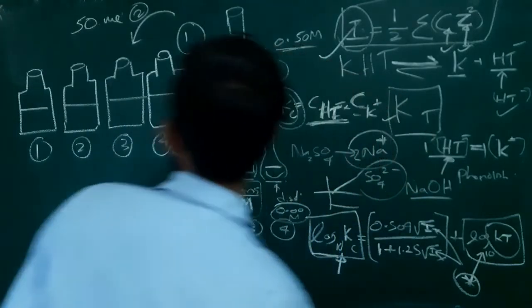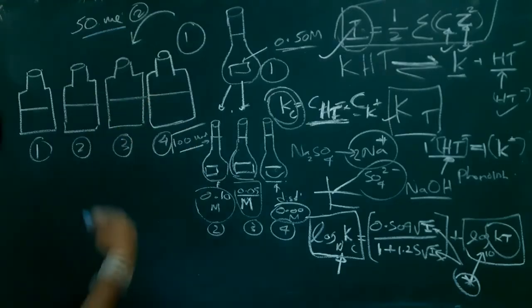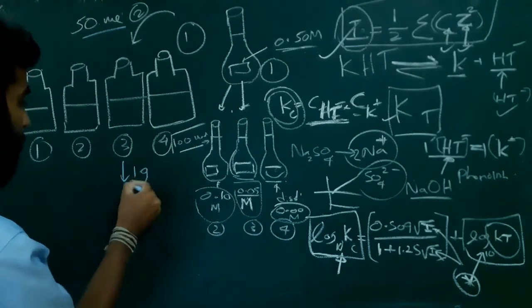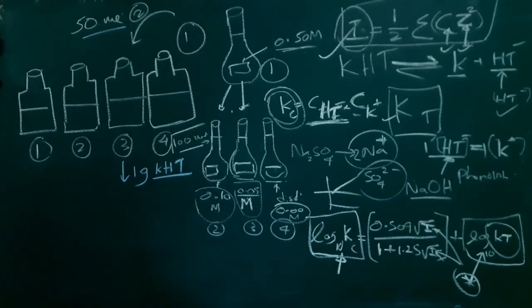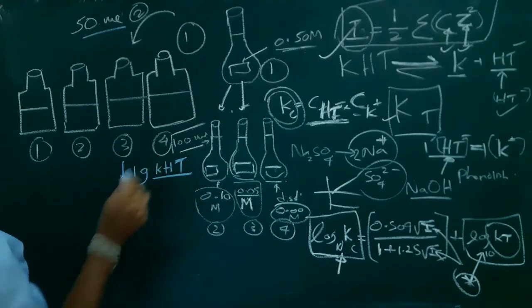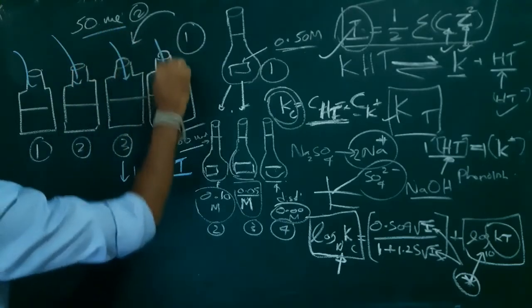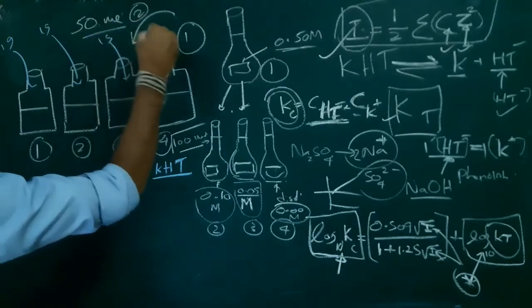After that, we measured 50 ml of this solution into these stoppered bottles. Next, we will add 1 gram of potassium hydrogen tartrate salt into each solution, 1 gram per stoppered bottle, 1 gram, 1 gram, 1 gram and 1 gram.